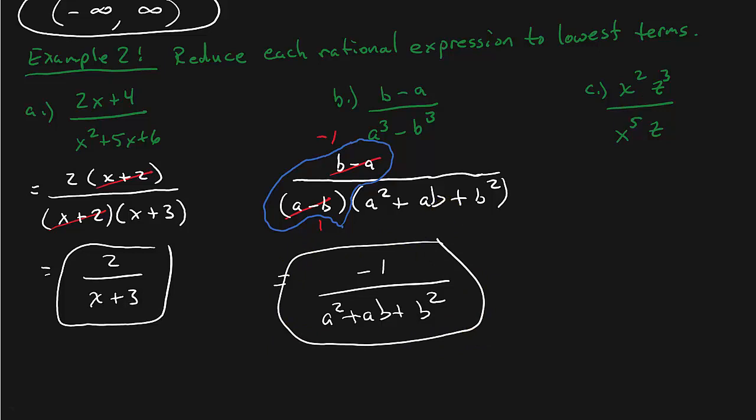Let's cancel. So I've got x squared, x to the 5th. Well, this exponent's going to cancel into a 1. This one's going to cancel into a 3. This is going to cancel, and this is going to cancel into a 2.